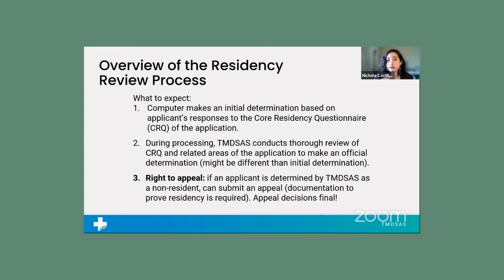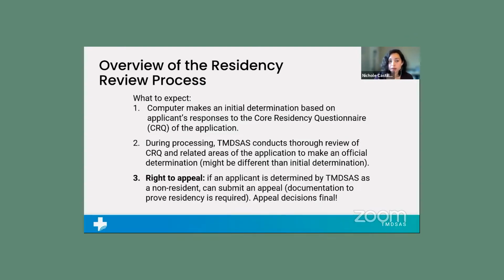So regardless of what that initial determination is, the next step is that once you submit your application and it's being processed by TMDSAS, our staff conducts a thorough review of that core residency questionnaire and related areas of the application. We use tons of information that you provide in this application to help make an official determination.